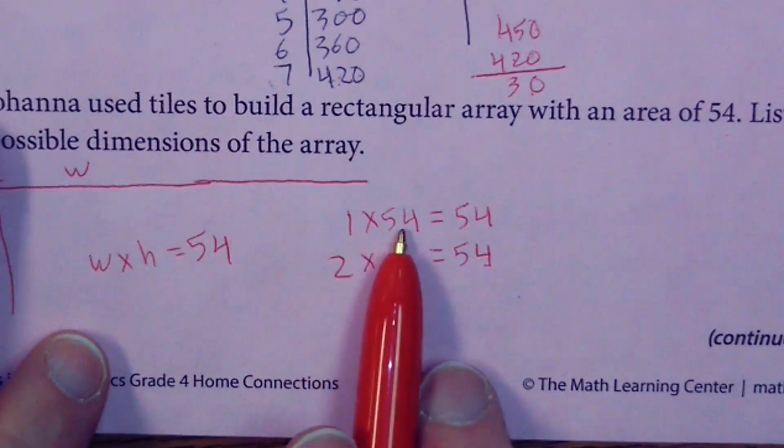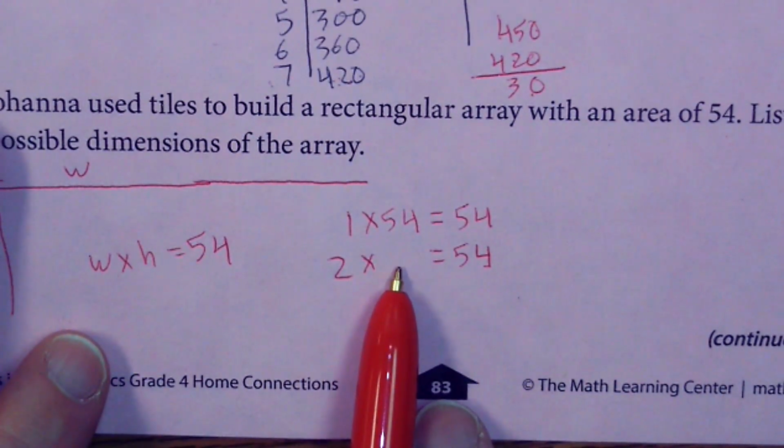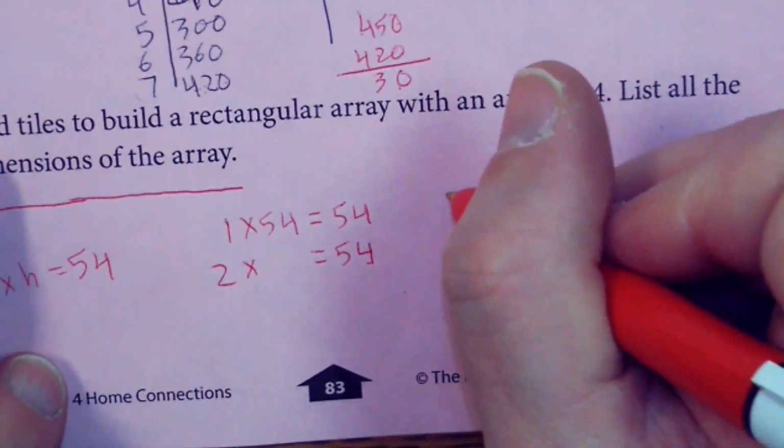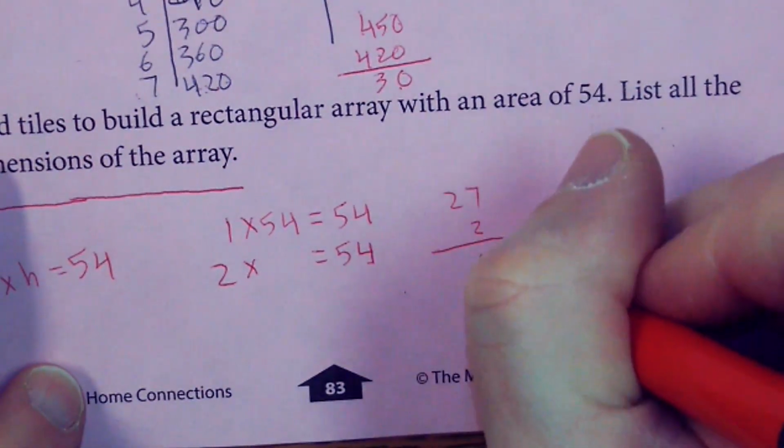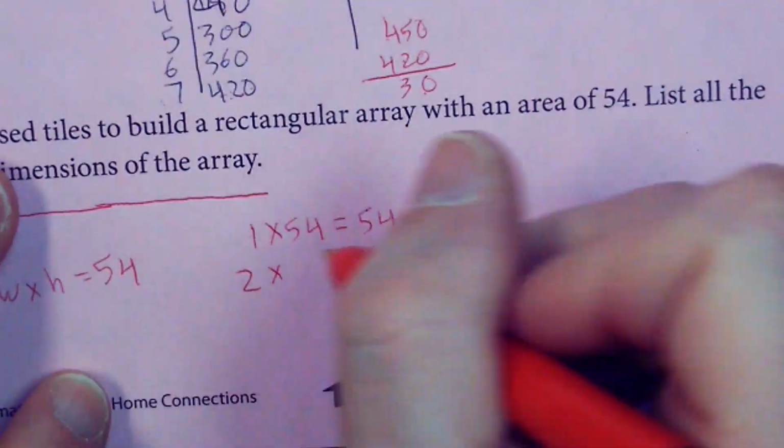How am I going to figure that out? That's kind of a tough one. Well, I do know that 2 times 25 is 50. So maybe it's 2 times 27. Should we figure that out? There you go. It is 27.